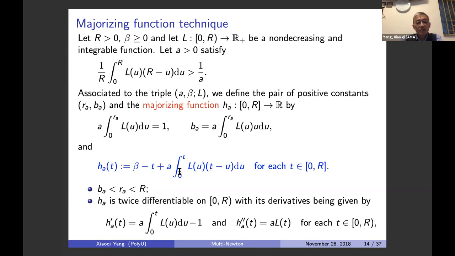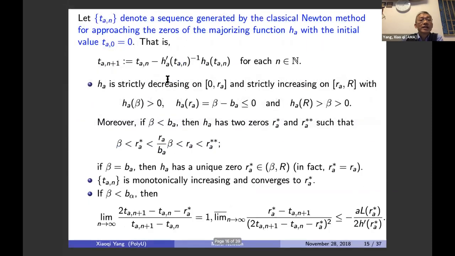Of course, this one has nothing to do with the original problem data. But what's important here is this L function, which is non-decreasing. That's why we introduce this function here. As I said, we're using the Newton iteration on this H function. So now we can find these T steps here.